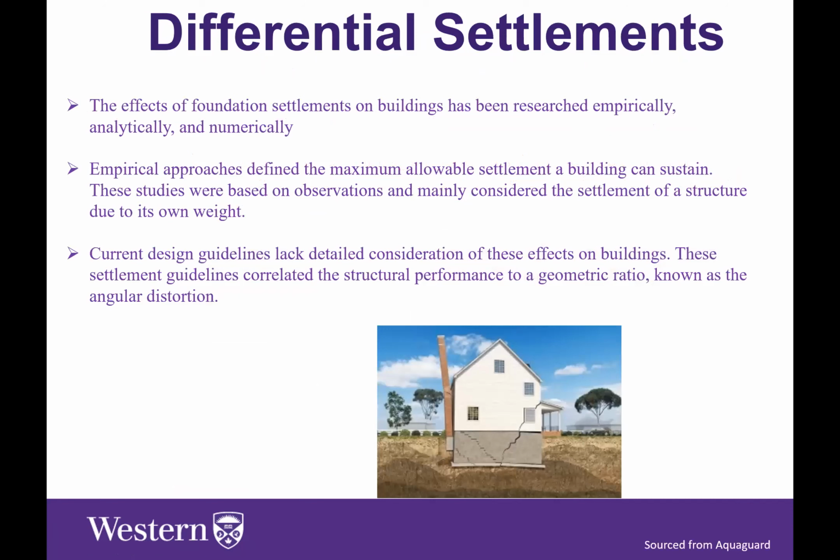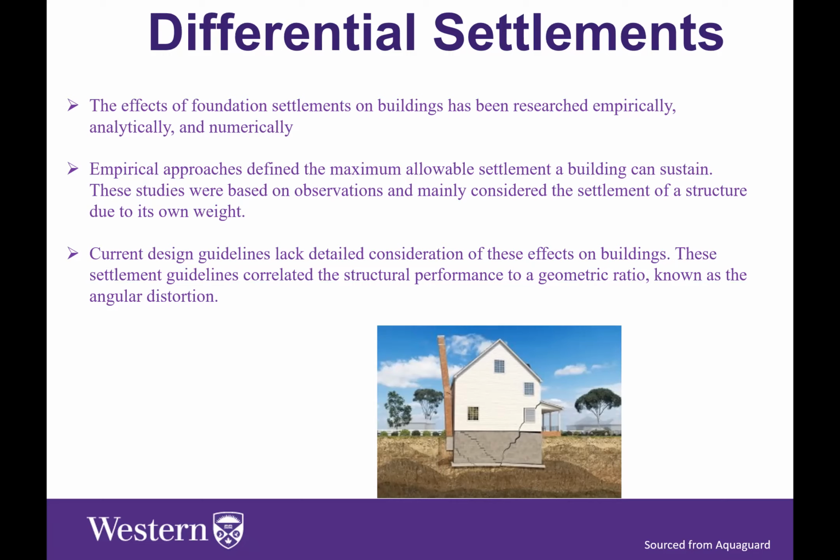So the effects of differential settlements have been studied empirically, analytically, and numerically throughout the last few decades. Early empirical approaches aimed at developing design limits for the maximum settlement that a structure could experience without having any nonlinear effects or damage.